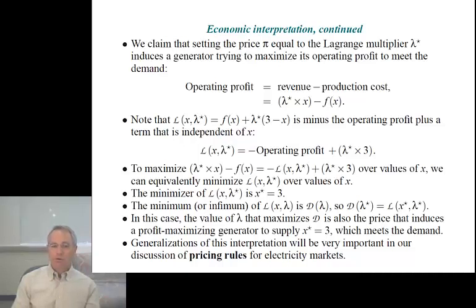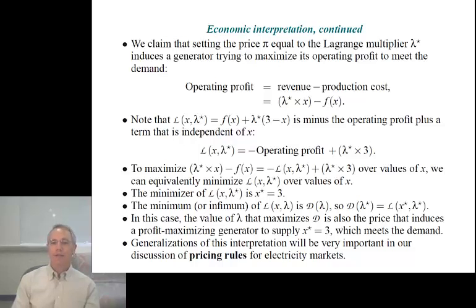Furthermore, the minimum of the Lagrangian is equal to the dual, and so if we plug lambda star into the dual, we will get back that that's equal to the Lagrangian at x star, lambda star. And the value of lambda that maximizes the dual, namely lambda star, also corresponds to being the right price to induce a profit maximizing generator to supply x star equal 3.